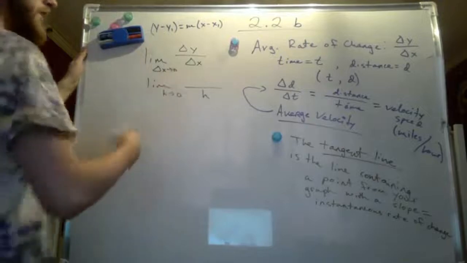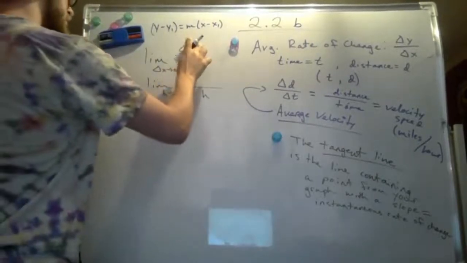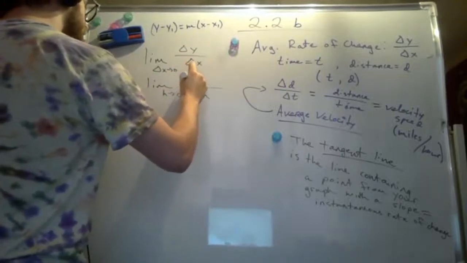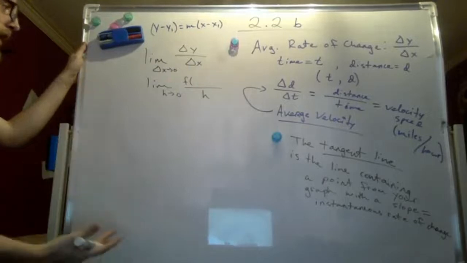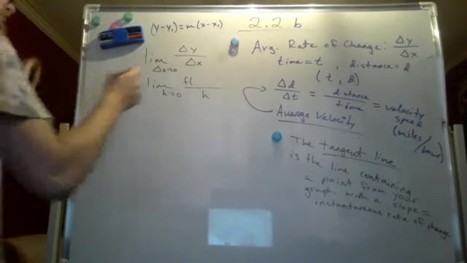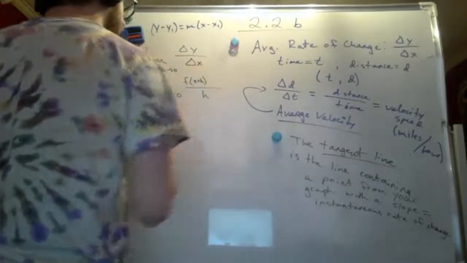But for our y's, what's our change in y's? Well, one value for our y value we could have is f of x, and the other, with the amount of change, is x plus h.